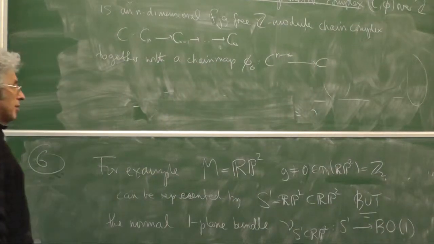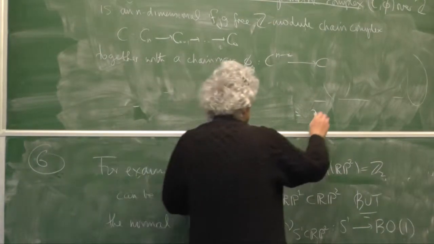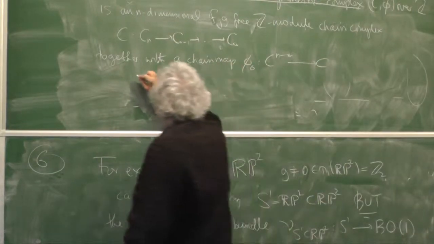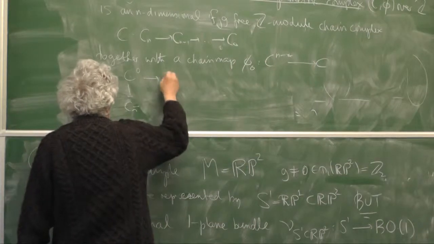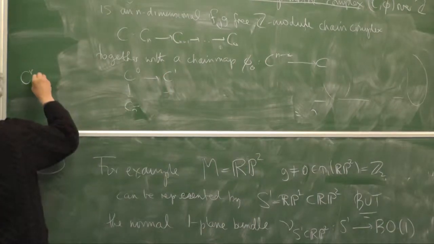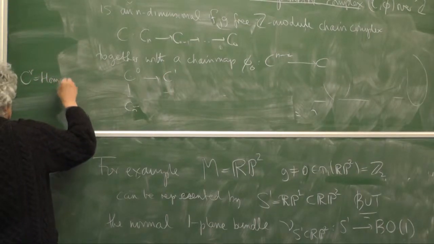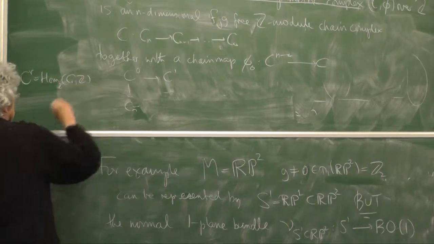Fortunately, that's not enough. So what the chain map, I should say, so let me just draw it. C upper R always means, it's over Z, just the dual.